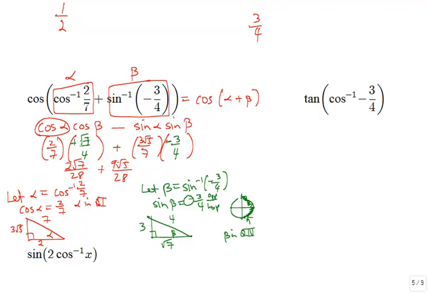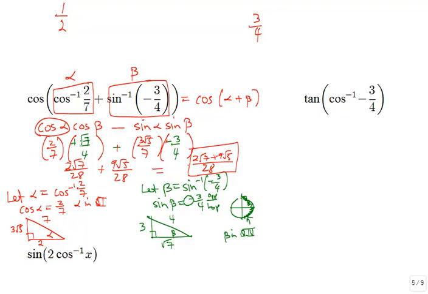You could leave it like that, or make it all over a single 28 and do 2√7 plus 9√5. That's fine too. Either way is acceptable. Okay? So that one's probably about as hard as they get, using that sum formula. Let's try the next example here.